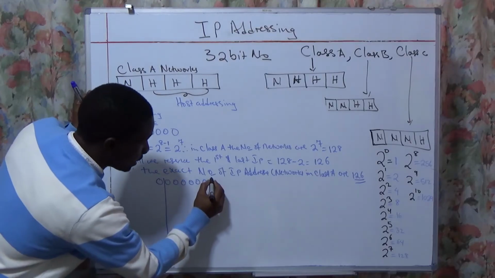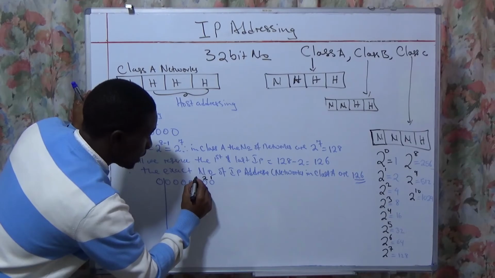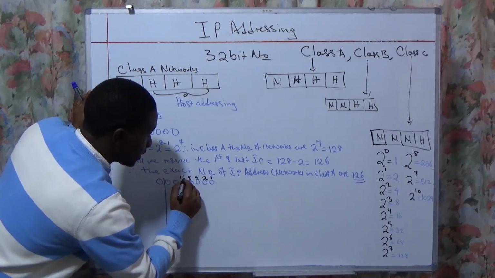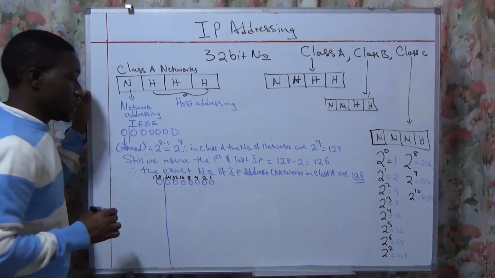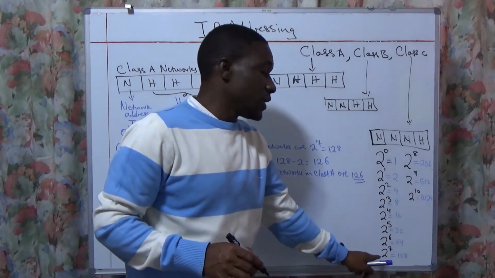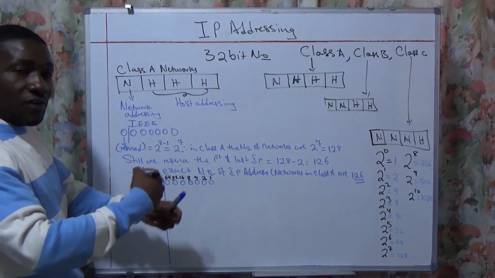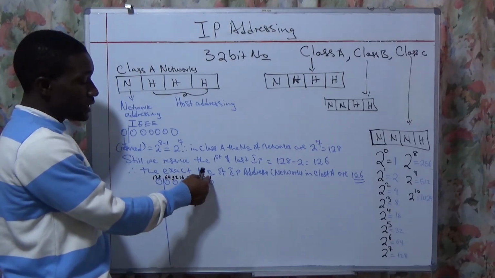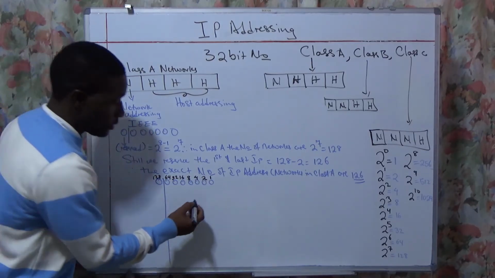At this point it is 1, here it is 2, here it is 4, 8, 16, 32, this is 64 and 128 from the powers of 2. So when we start converting, where you see a 1, you replace it with what you see above here. So let us start.